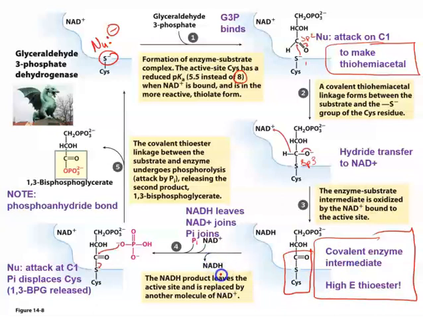Here we have the release of NADH into solution, and we have the entry of a fresh NAD plus molecule. So it's not the same one, right? We have an NAD plus come onto the enzyme, and then we have the joining of inorganic phosphate, as you see here. We will have nucleophilic attack onto the carbonyl carbon and subsequent cleavage of this carbon-sulfur bond.